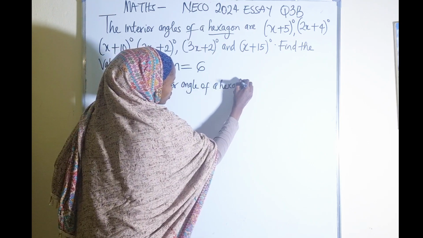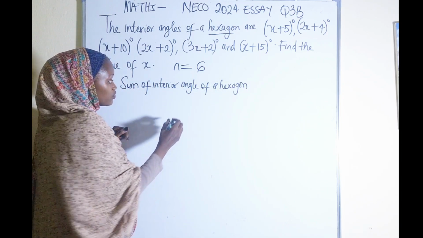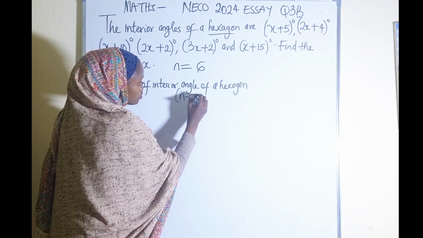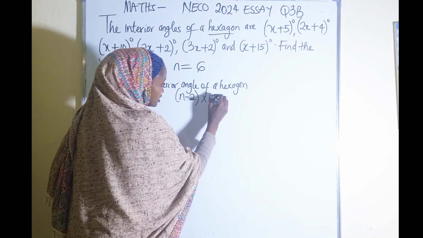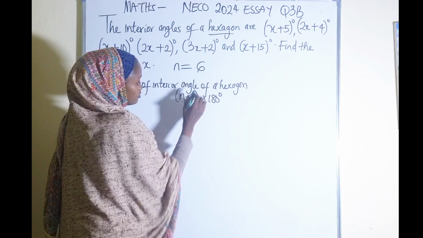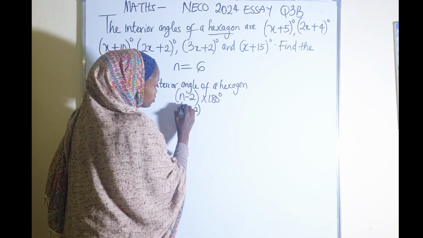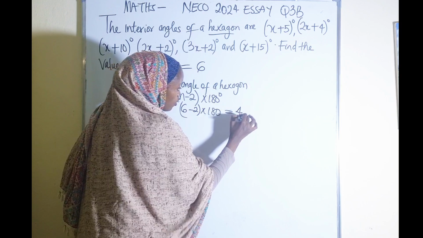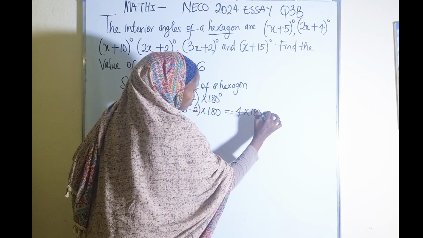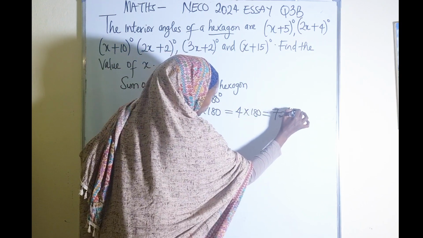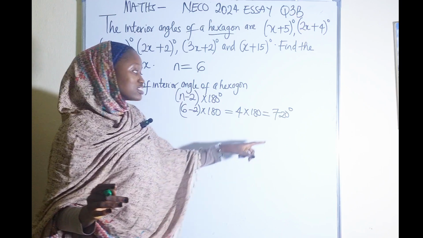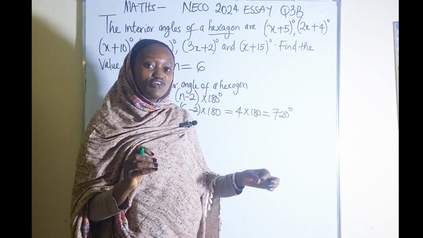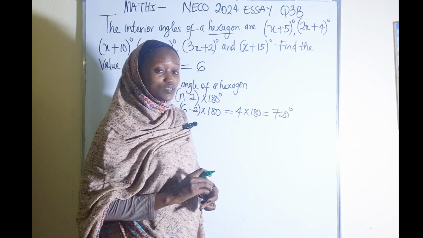To do that, we use the formula n minus 2 multiplied by 180. So n here is 6, so we have 6 minus 2 multiplied by 180. 6 minus 2 gives us 4 times 180, which gives us 720 degrees. So now we've gotten the sum of the interior angles of the hexagon, which is 720 degrees.